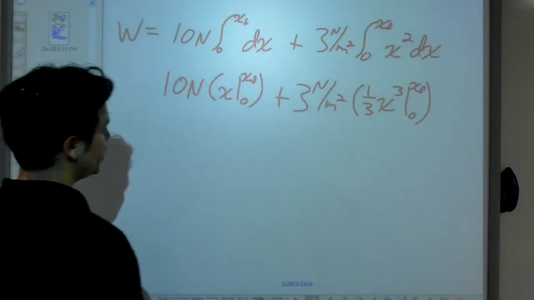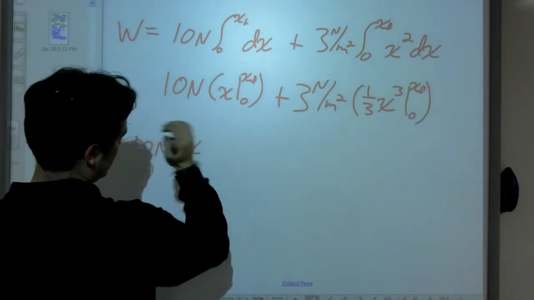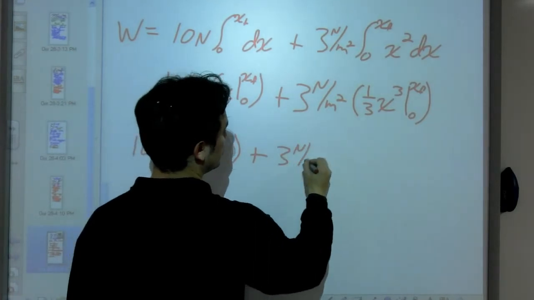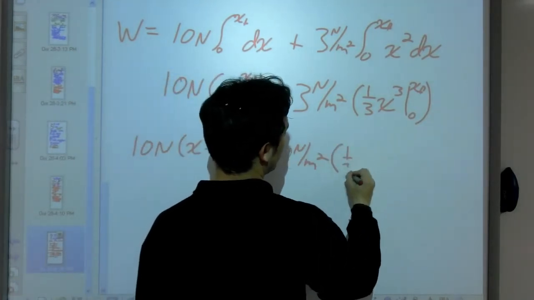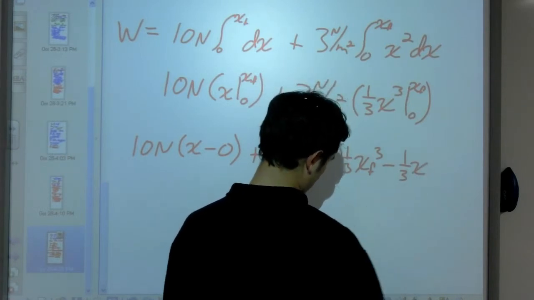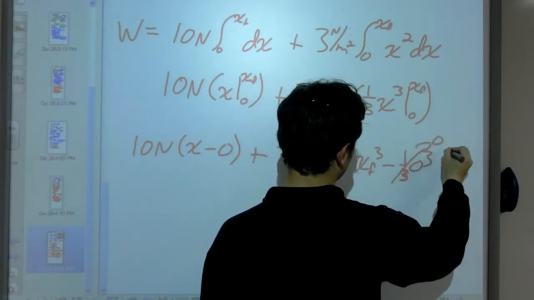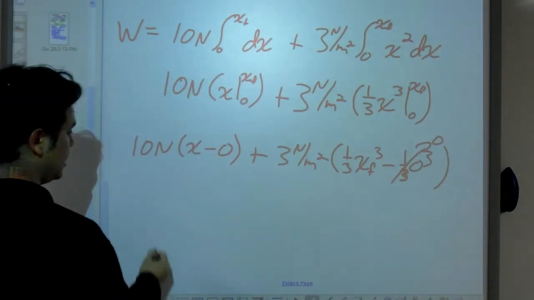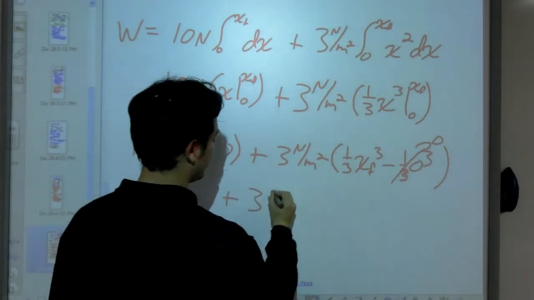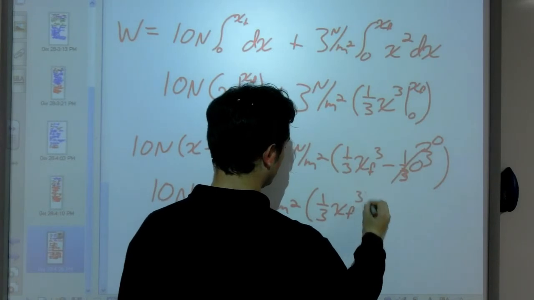Well, that would be 10 newtons times x final minus 0, plus 3 newtons per meter squared times one third x final cubed minus one third x initial, 0, cubed, which is a whole lot of 0. Okay, almost there. We end up with 10 newtons times x plus 3 newtons per meter squared times one third x final cubed.